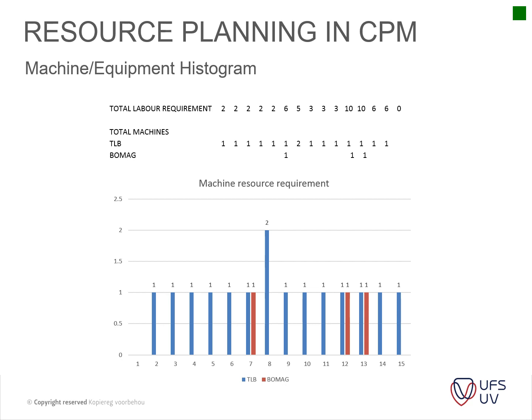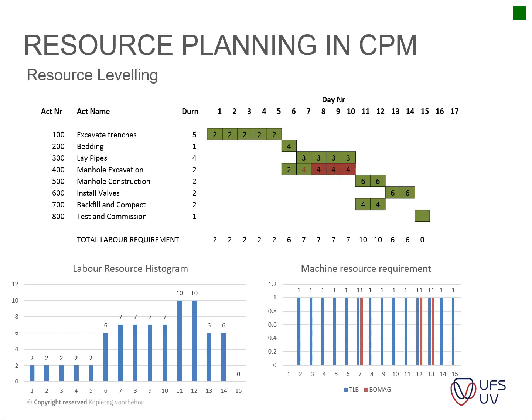You add it up, and you can see on which days you need what amount of machinery. On day 8 you actually need 2 TLBs, but you only have 1 available. So you can easily identify where you don't have enough resources.